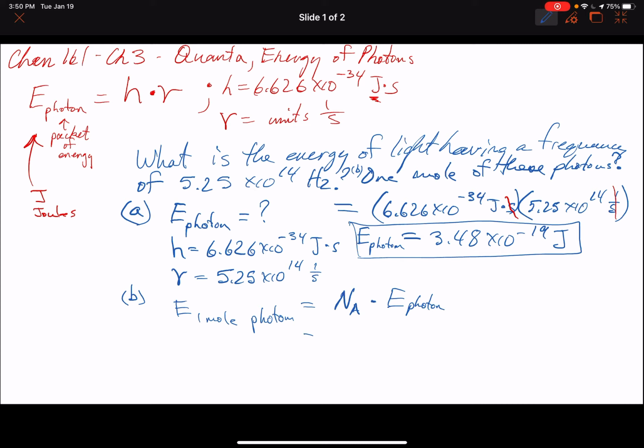So here it's going to be 6.022 times 10 to the 23, times, so that many photons is the number that we're after. So this is joules.